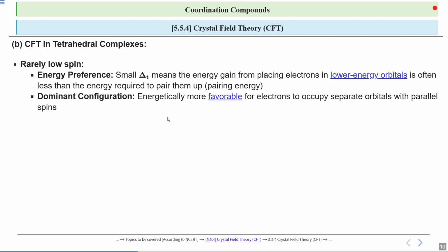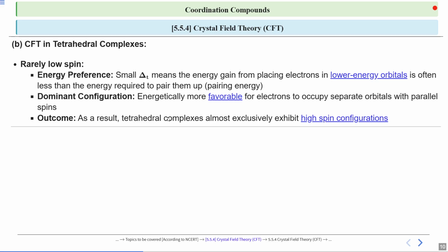Other than pairing up, the electrons should occupy separate orbitals with parallel spin, and this is going to be the energetically favorable condition. So this is going to be the dominant configuration, which is going to decide the configuration in the tetrahedral complexes case.